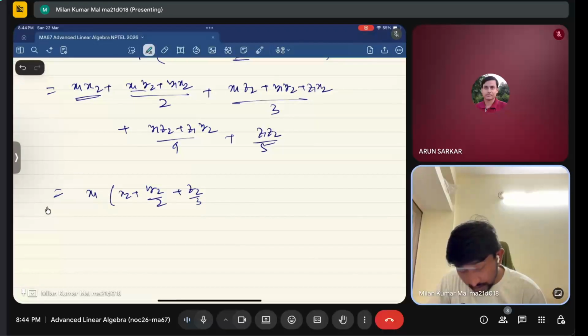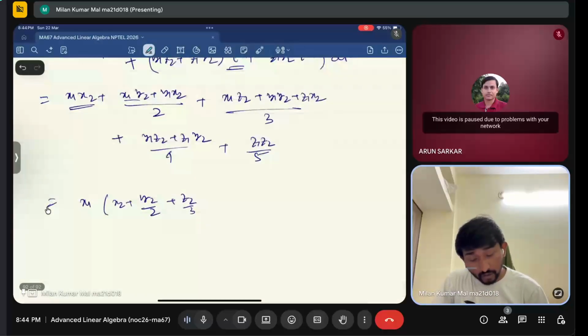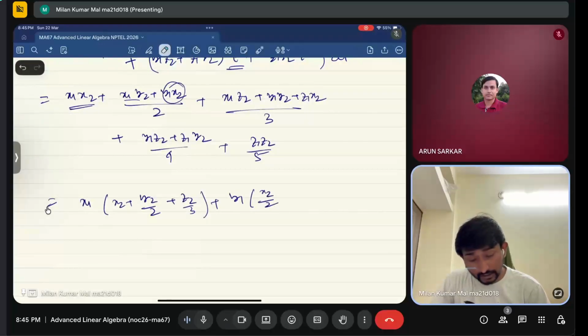This is x1 done. Now y1, if I take common, that will be x2 by 2. This is done.